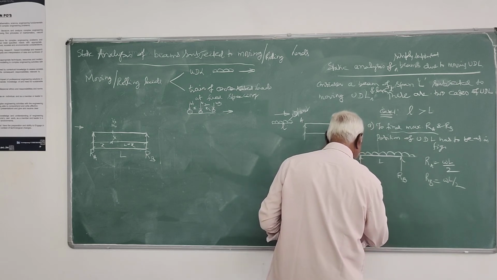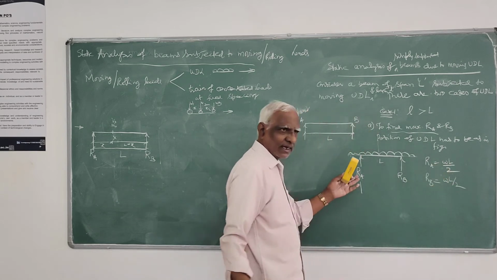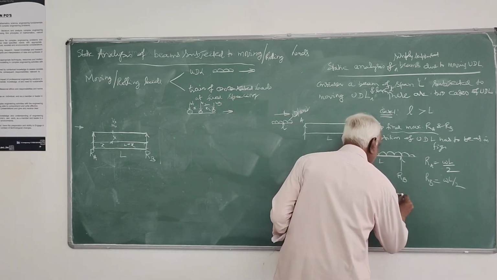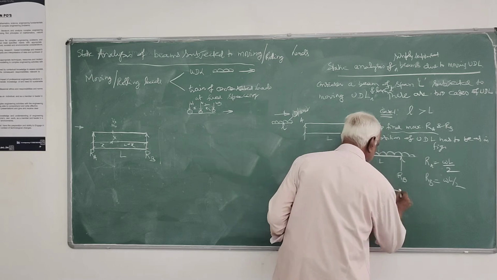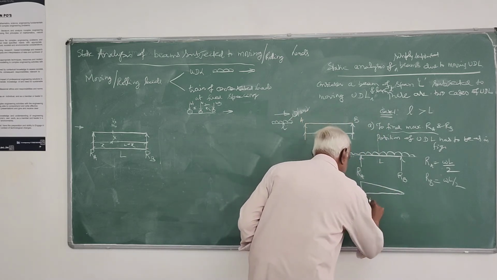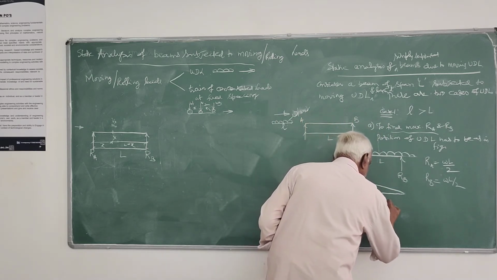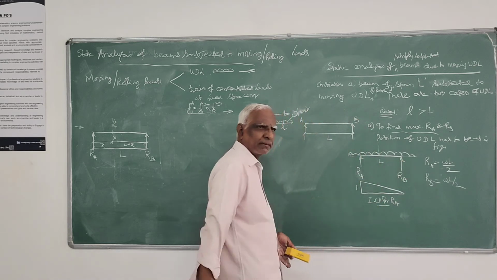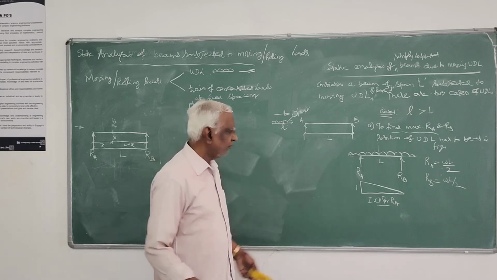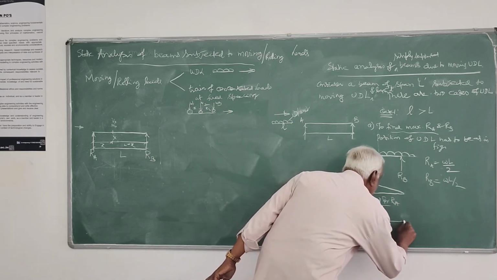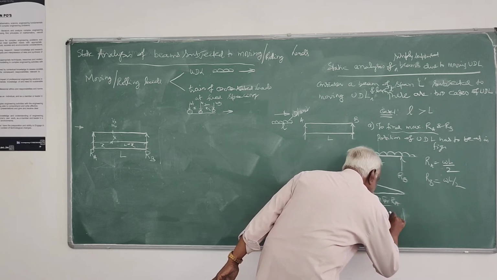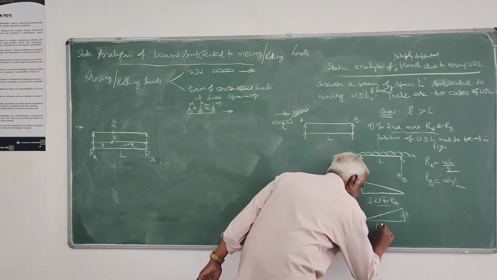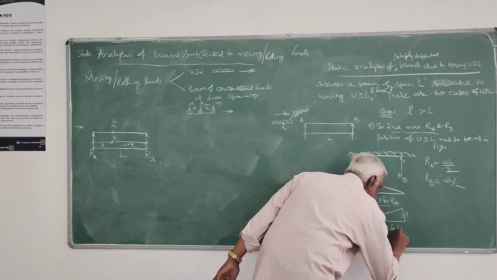And this you can determine either by equations of statics or using the influence line diagram. So the ILD for RA will be like this. You know, for a simply supported beam, I have already given the values of RA and RB for unit load movement. This is the ILD for RB.